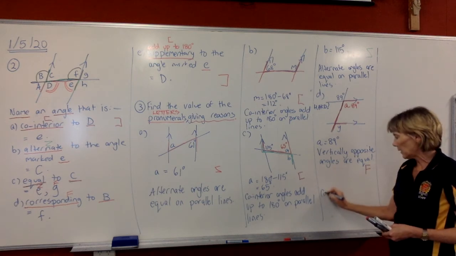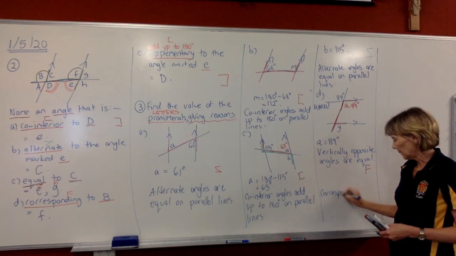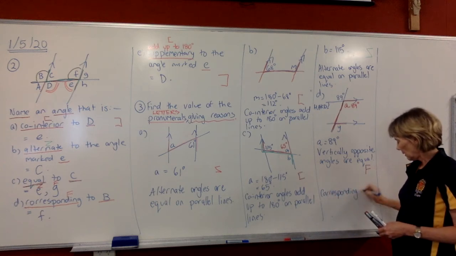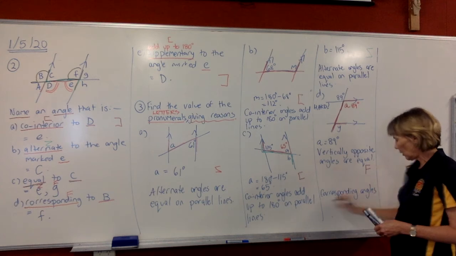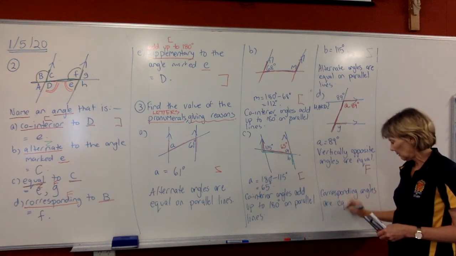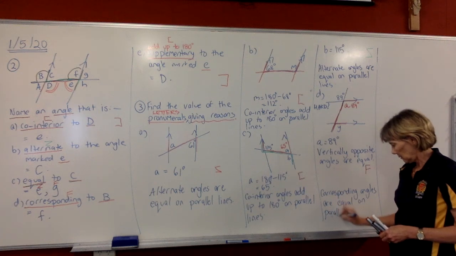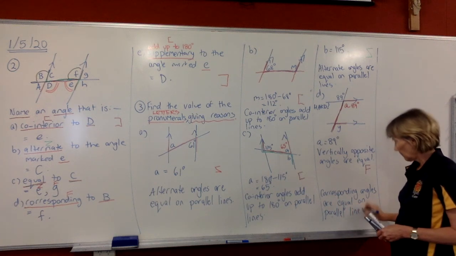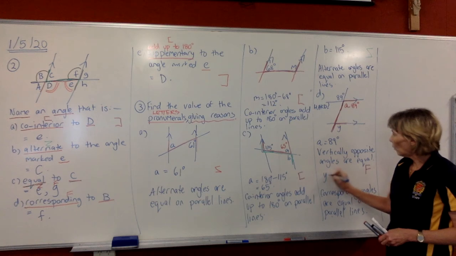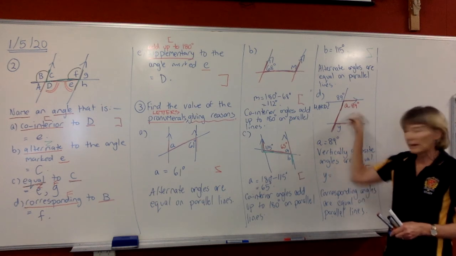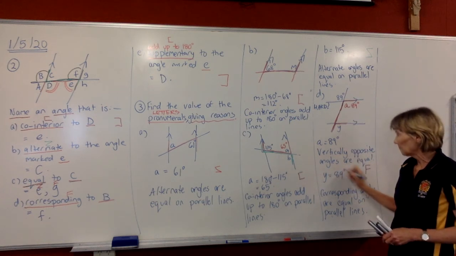So we're going to come down here and write down the reason. Corresponding angles are equal on parallel lines. So our y is going to equal 89 degrees.